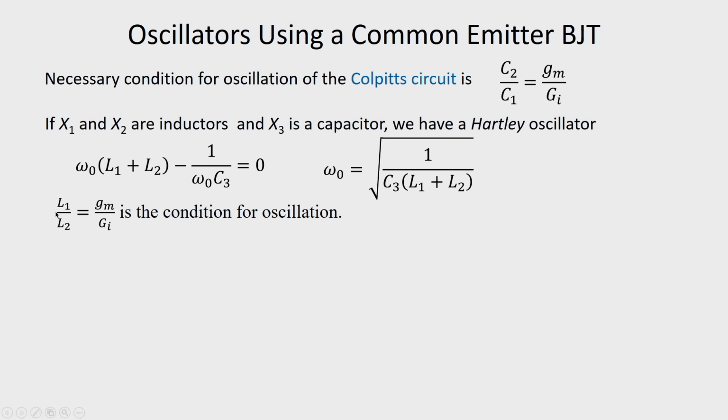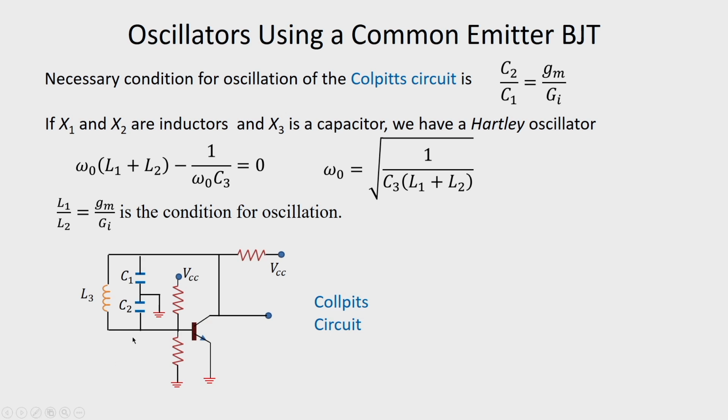Again, from the relation x1 is equal to Gm/GI x2, we can find that the condition for oscillation for the Hartley oscillator circuit is L1/L2 is equal to Gm/GI.